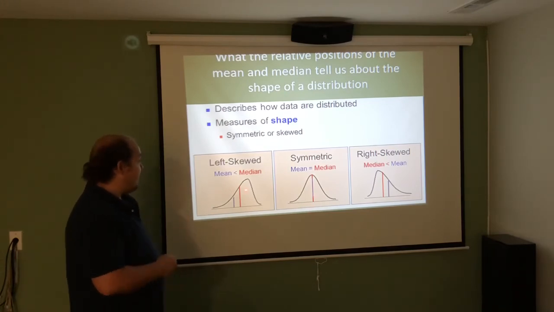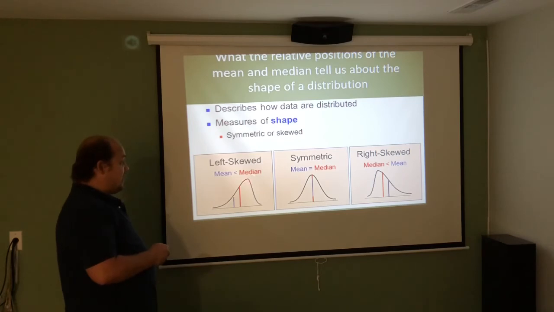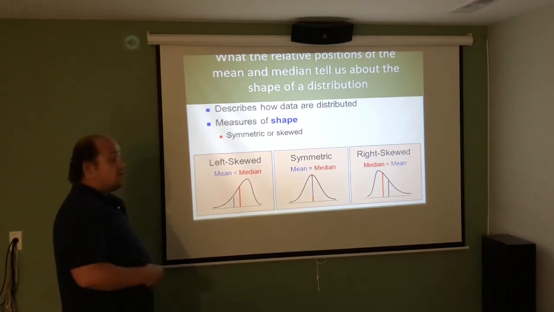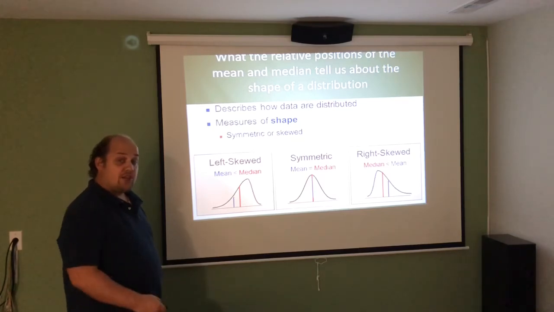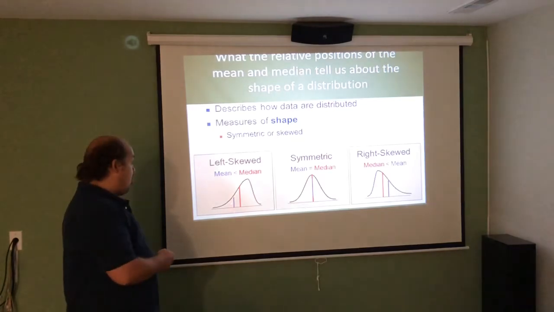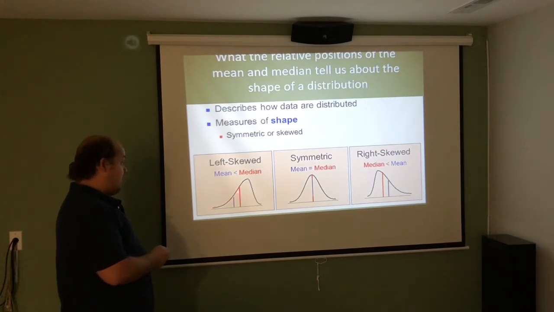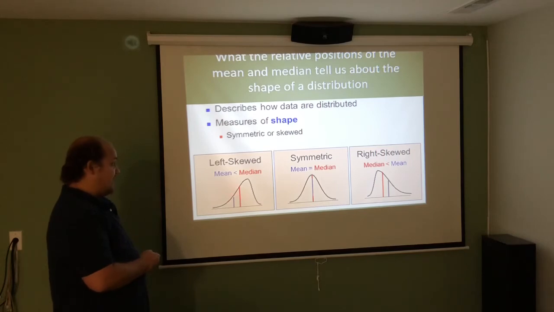In order to have left skewed, that means the data is piled up on the right. The reason it's called left skewed is because the skew is concerned with the direction the mean is pulled. Because of this longer left tail, the mean is pulled to the left and will be further left than the median when the data is piled up on the right. So in a left skew, the mean will be less than the median.